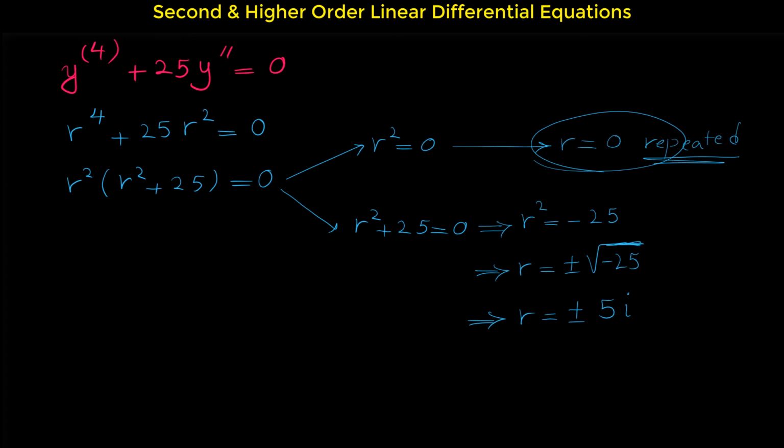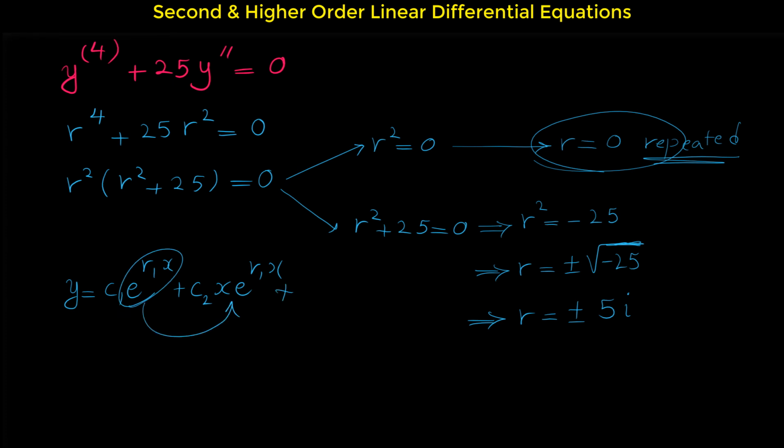For each one we have to use the corresponding formula. If you remember, when we have a repeated root, we use these formulas: c sub 1 e to the rx plus c sub 2 x e to the rx. And this is because of the repeating. When a root repeats, we multiply the first answer by an extra x.